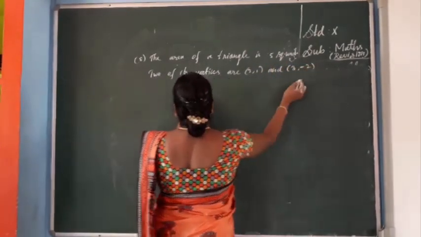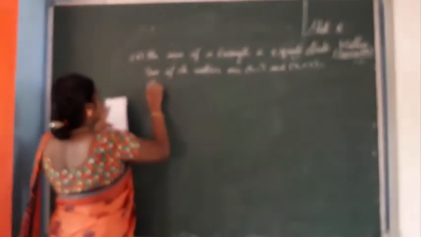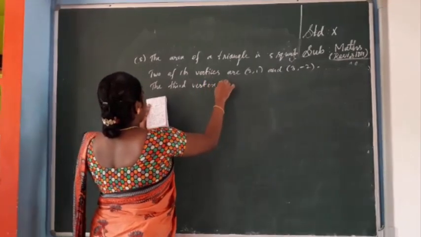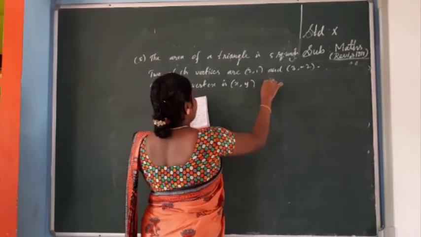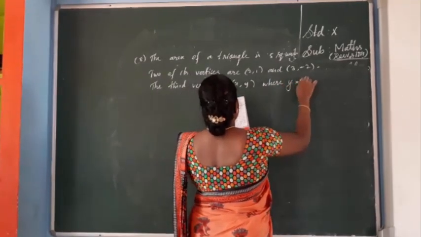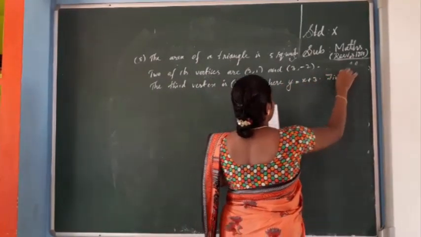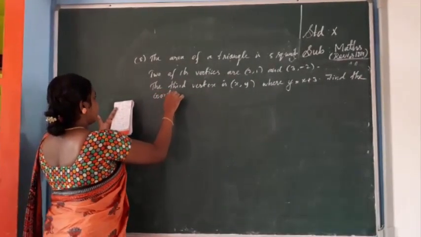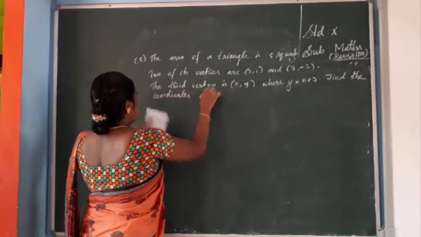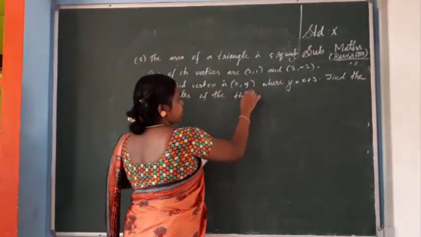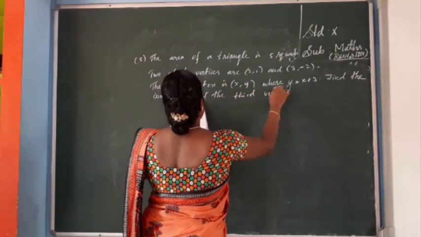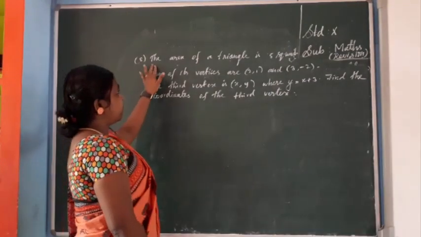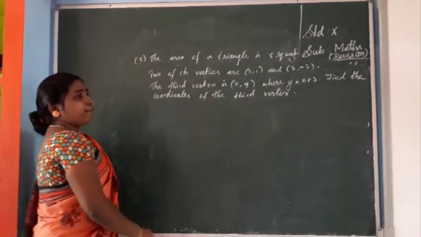The third vertex is (x, y), where y equals x plus 3. Find the coordinates of the third vertex.